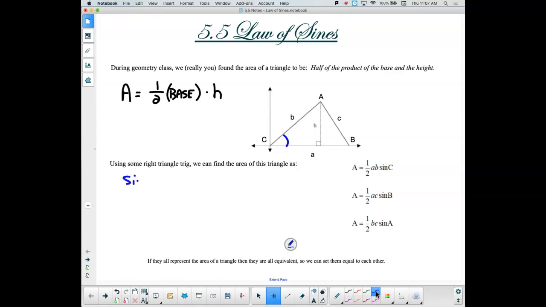If I utilize that right triangle to find my height, the sine of angle C is going to be H over B, which means the height is B times the sine of C. The base, if I utilize that setup, is this side A here.